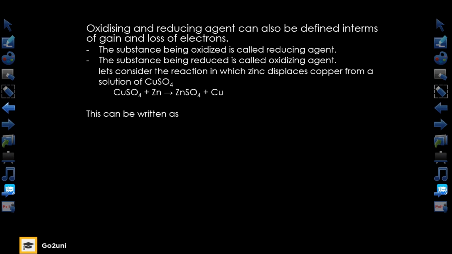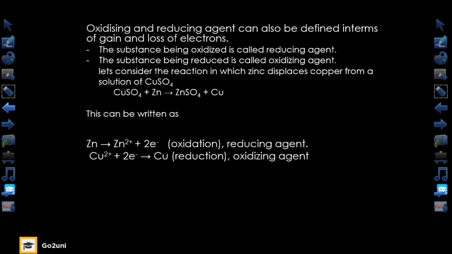That is to say, if you are oxidized, you must be a reducing agent, and if you are being reduced, then you must be an oxidizing agent. That is how these terms are defined. We shall take a look at certain expressions to understand what we mean when we say this is a reducing agent and this is an oxidizing agent. Looking at the equation copper sulfate plus zinc.